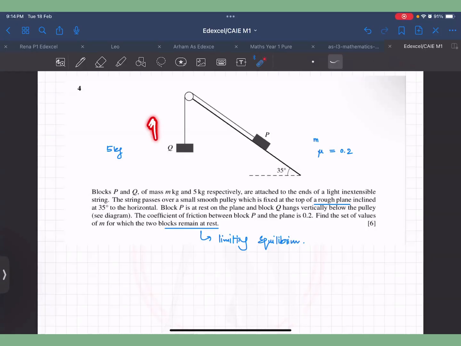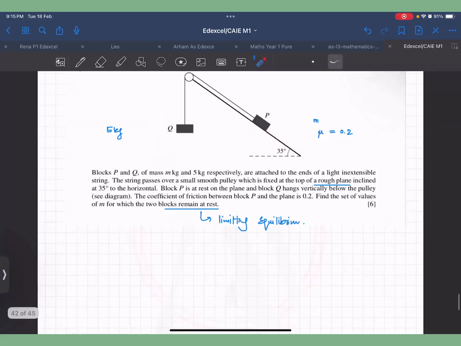If Q is going up, this means that P is going down, and the force of friction F max acting on P would be parallel to the plane, upwards. The other case is when Q is going down, so P would be going up, and in that case the friction acting on P would be downwards. So we have to work with both of these situations.